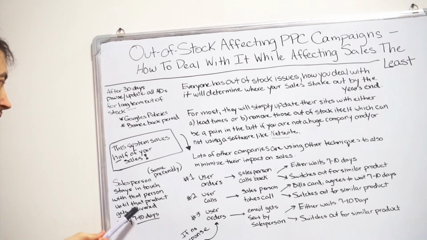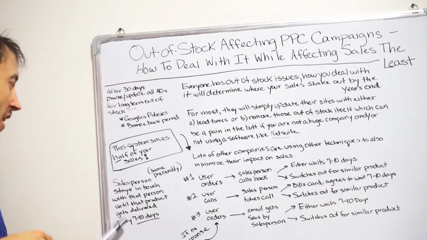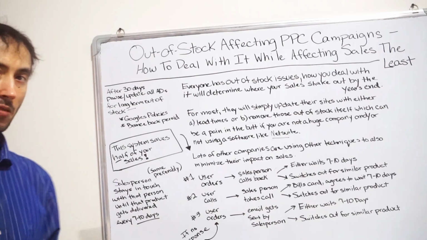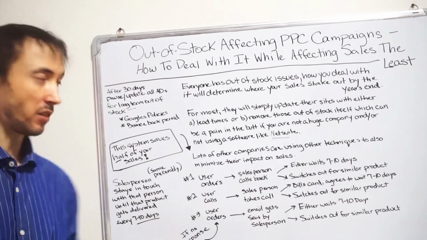But the salesperson, the same person that they talked to before, stays in touch with the person they convinced to wait 7 to 10 more days, every 7 to 10 days till that product is delivered. So that's in general the whole system right there.